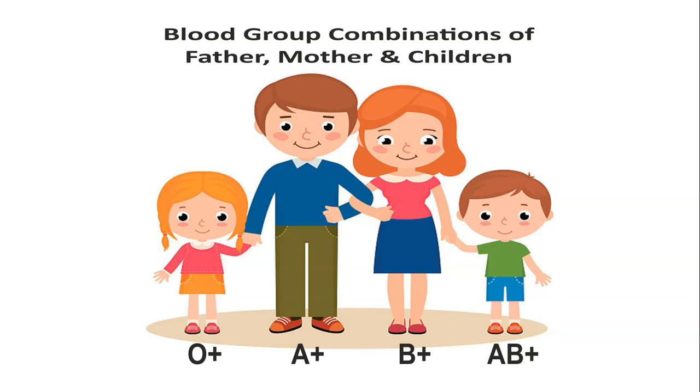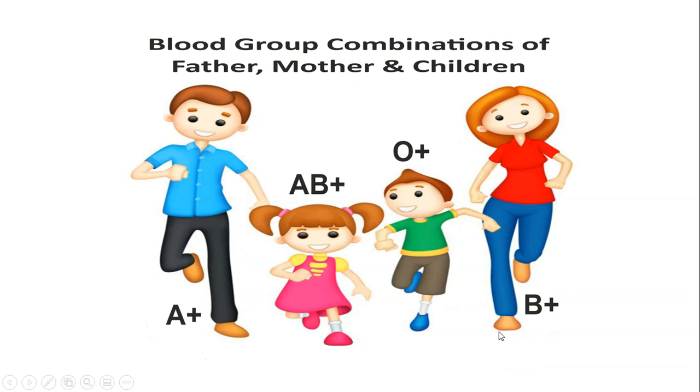For example, here we can see if father's blood group is A positive and mother's blood group is B positive, then the possibilities of the progeny blood groups are these. Daughter may receive O positive and the son may have B positive.